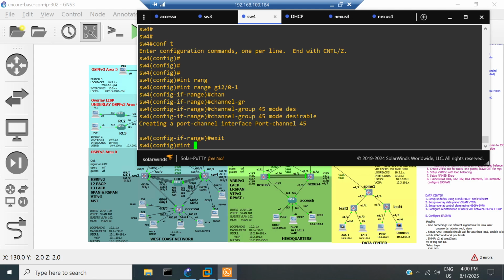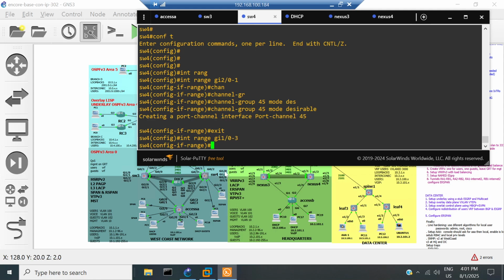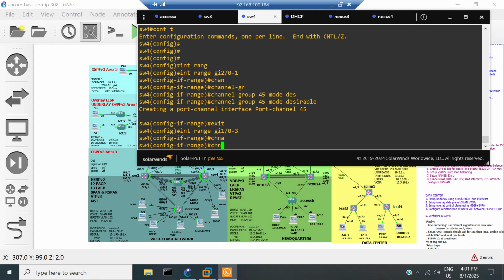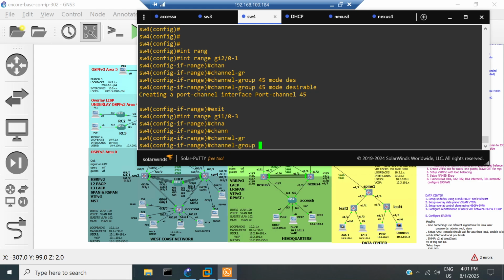That will be interface range gigabit 1/0 to 1/3. How do I know that? Because I am looking here at the diagram that these are the interfaces. And then given this is a layer 2 EtherChannel, I have to configure the channel group first and let the operating system create the port channel for me. From 3 to 4, mode desirable.